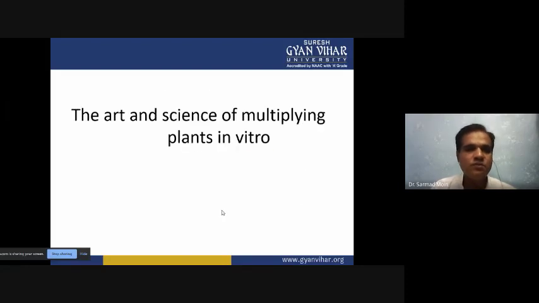Next, micropropagation is the art and science of multiplying plant cells or tissues inside in vitro conditions. When we propagate plant cells and tissues in vitro, they convert into multifold numbers of plants. So through micropropagation, we can turn these cells and tissues into n number of plants.